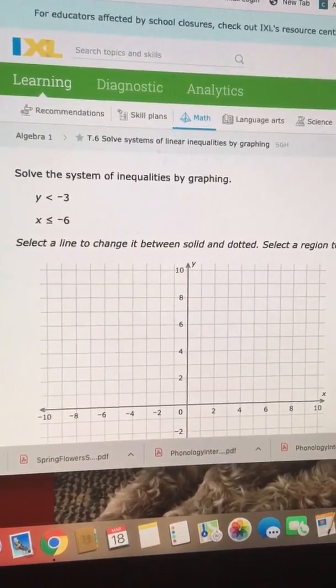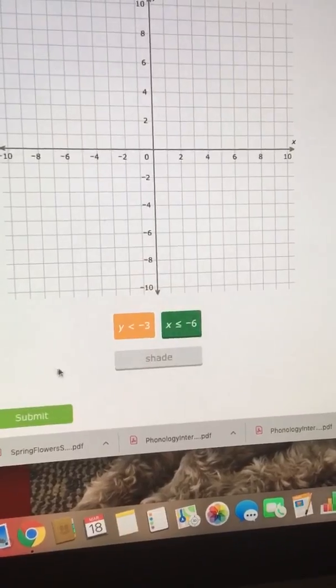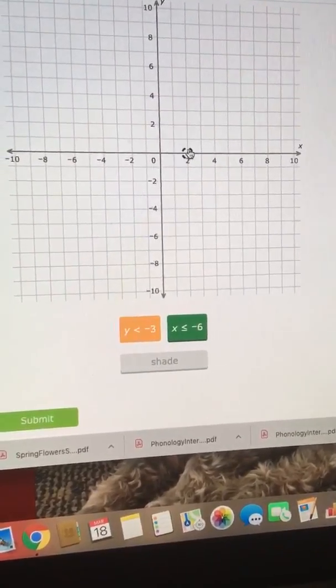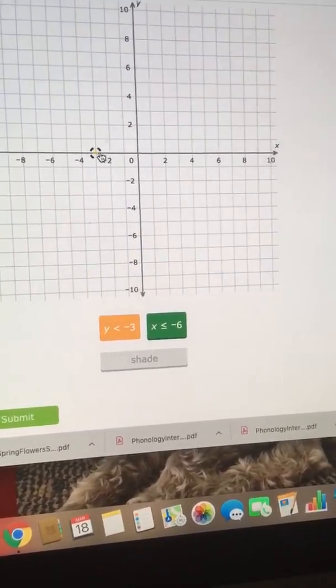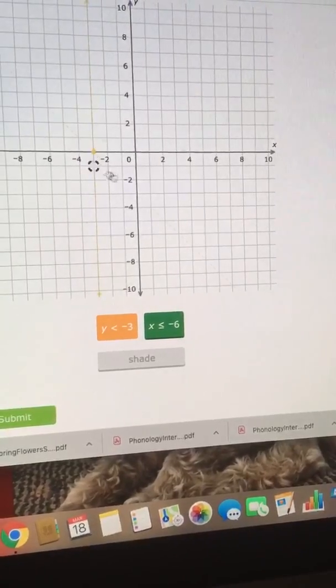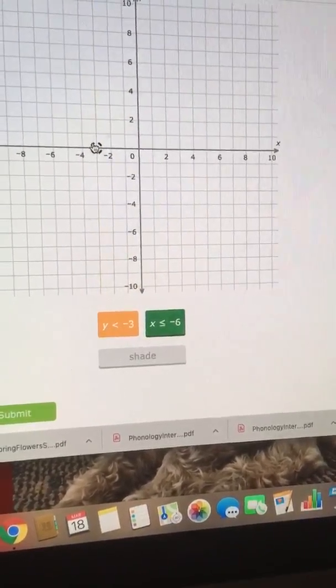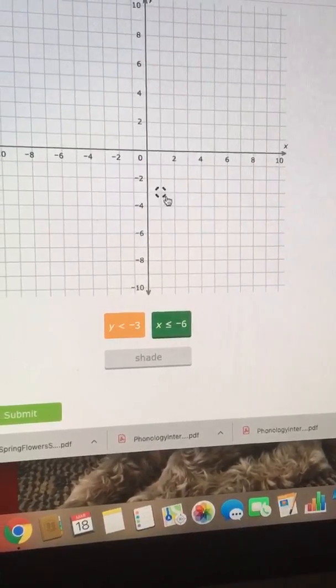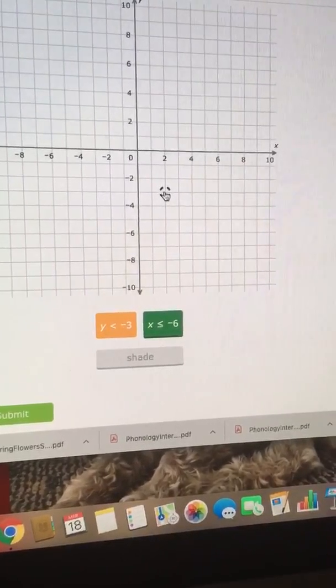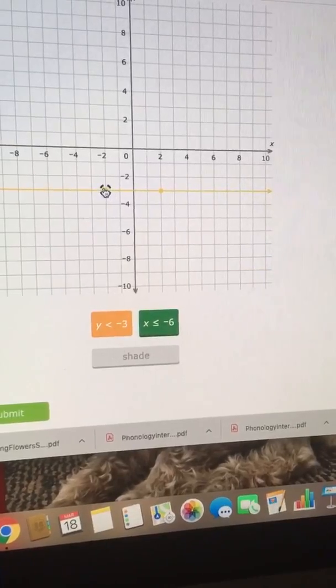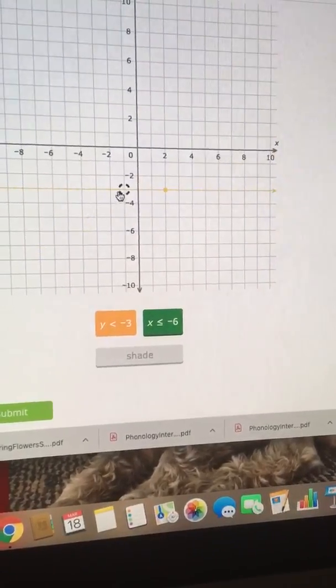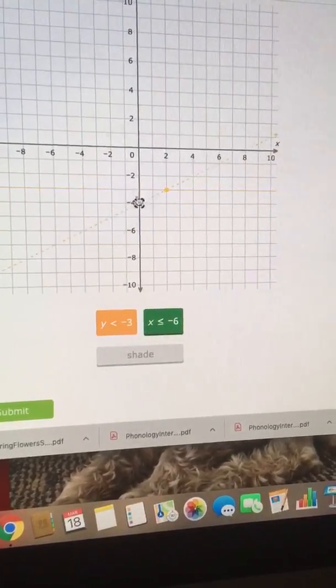And this is another one like that. Let me just, alright, we'll do this one really fast. We don't want that point anymore, we want y, negative 3, dashed line, click it again.